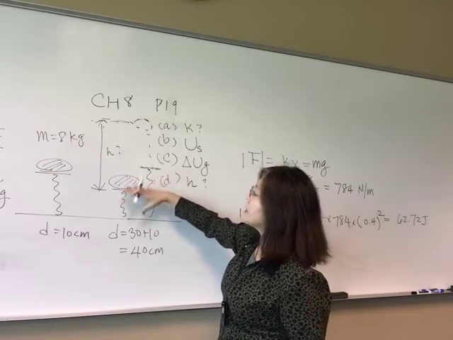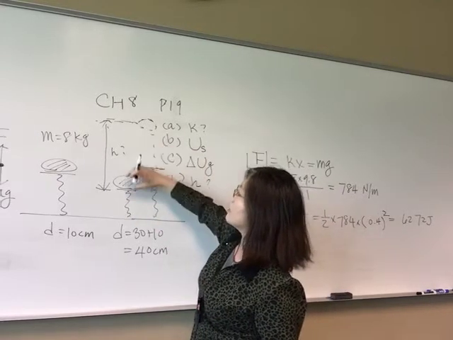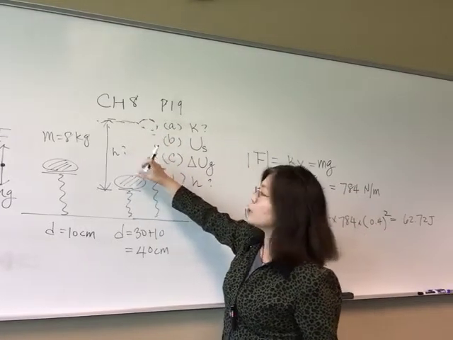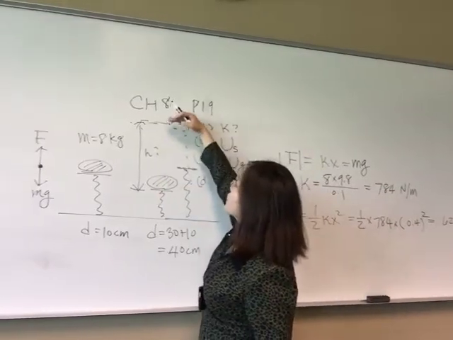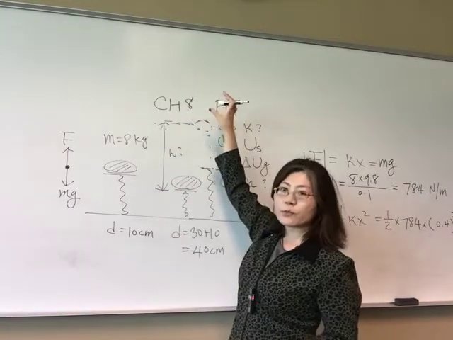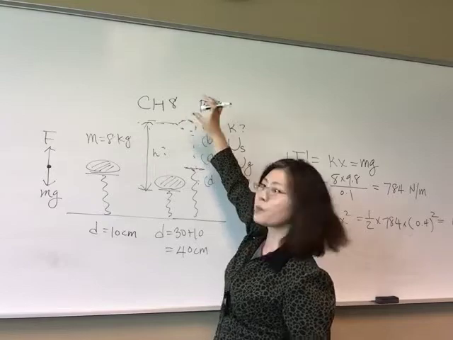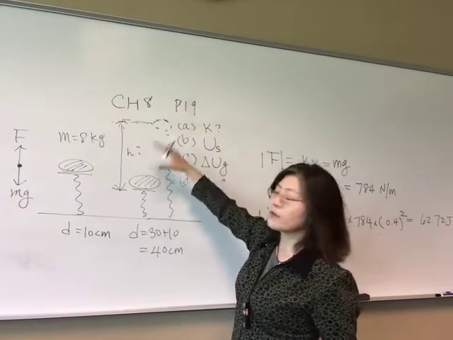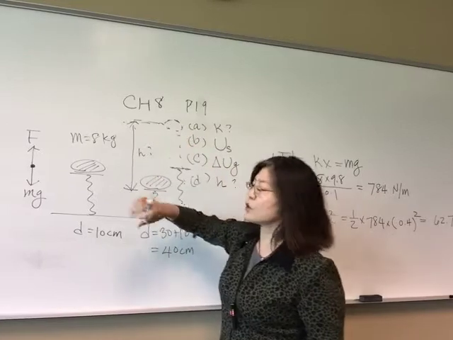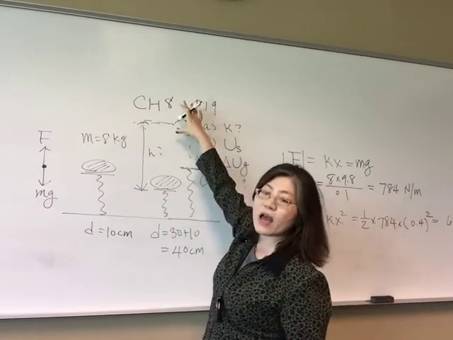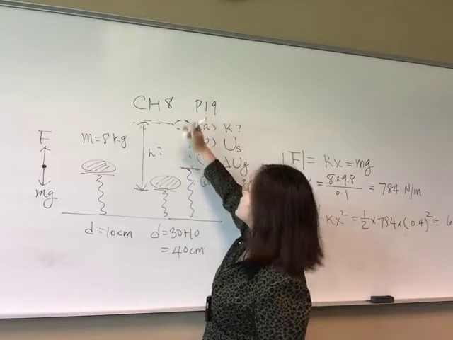When you release it, the stone is going to move, so it has kinetic energy. But once it reaches the highest point, the only form of energy present will be the gravitational potential energy, because energy is conserved. Based on conservation of energy, whatever you have here has to be equal to whatever you have here, and what you have here will be in the form of gravitational potential energy.